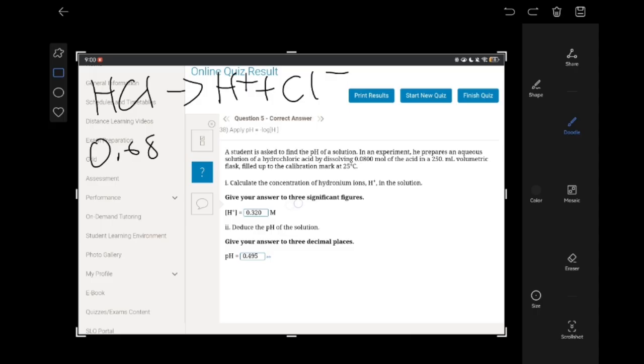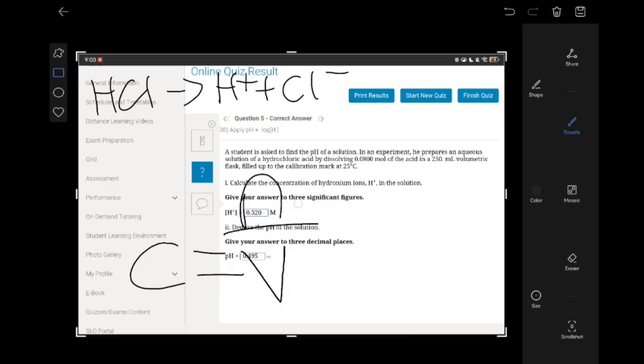So look, concentration is like the first question. C equals n over V. n is given as 0.08, and V is given as 250 milliliters. You always want it in liters though.